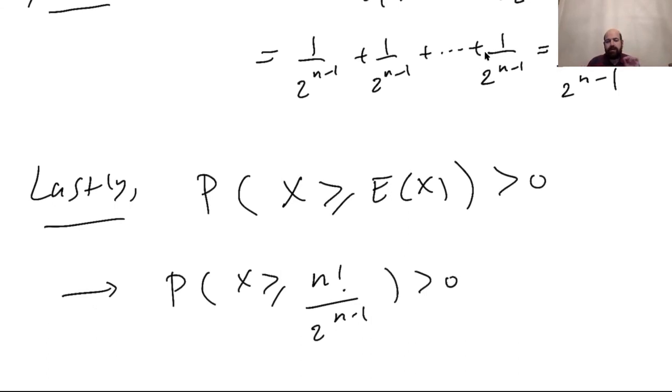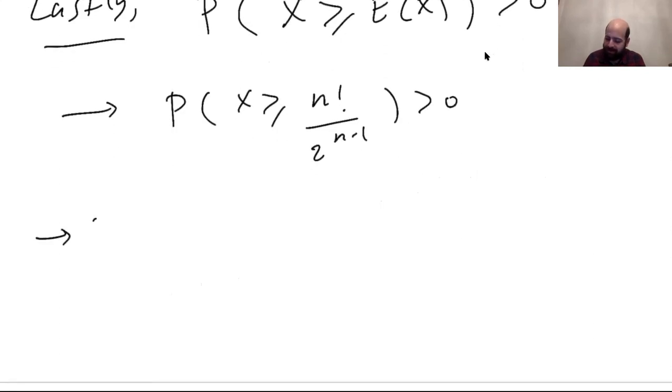So that means with positive probability, X, which is the total number of Hamiltonian paths, is at least n factorial over 2 to the power n minus 1 in a randomly oriented complete graph. So that means at least one of those randomly oriented complete graphs has at least this many Hamiltonian paths.